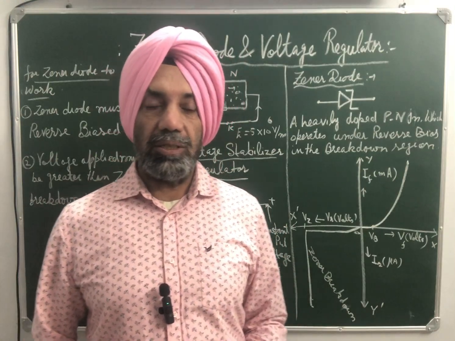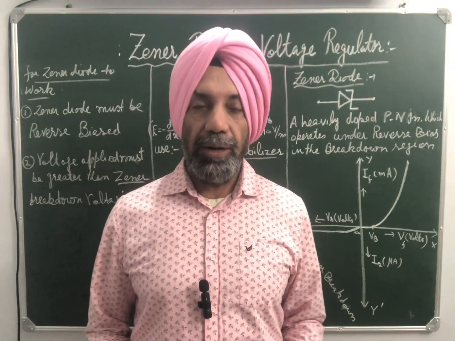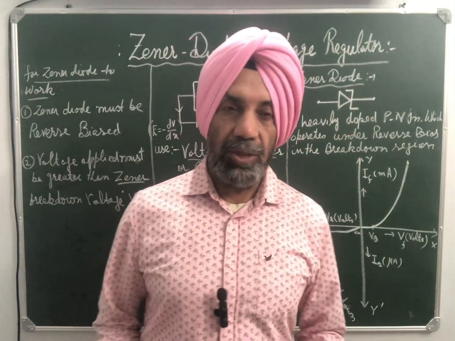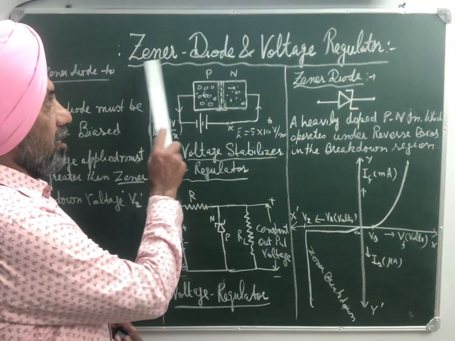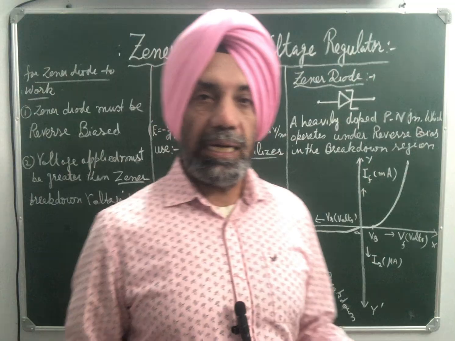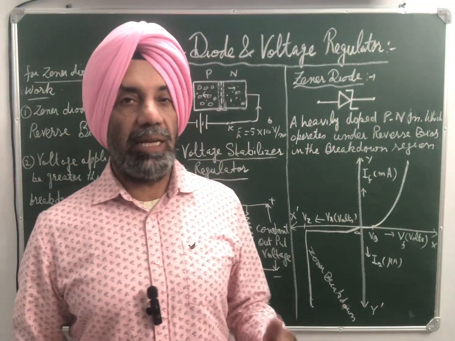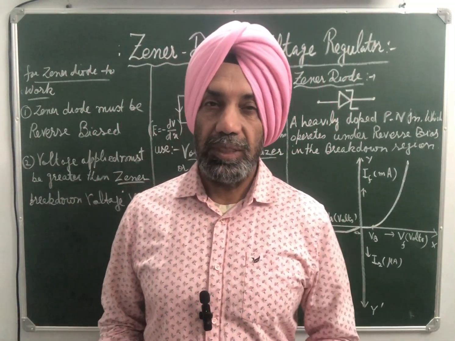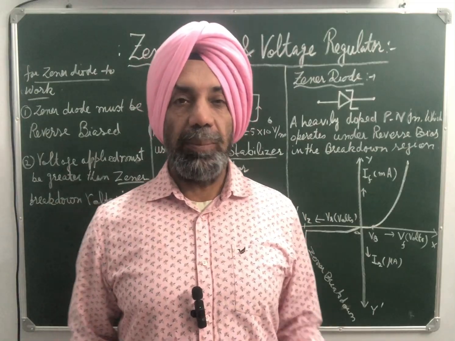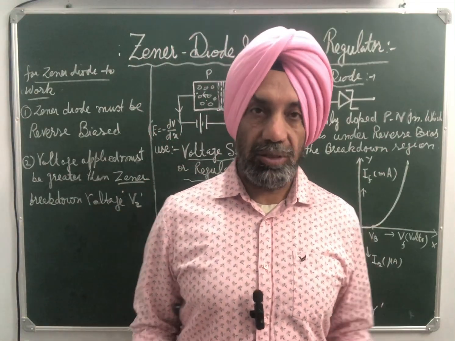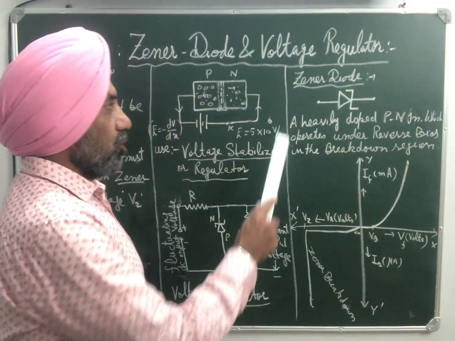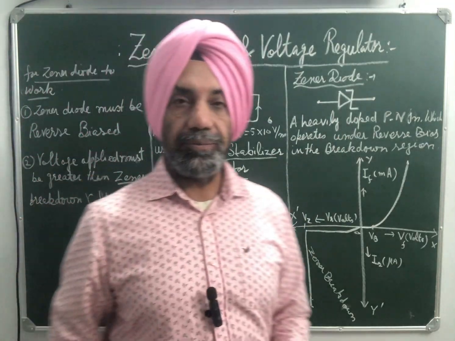Today I am going to discuss another important topic, which is Zener diode and its use as a voltage regulator or stabilizer, from the chapter of semiconductors, plus 2 class. First of all, what is Zener diode?